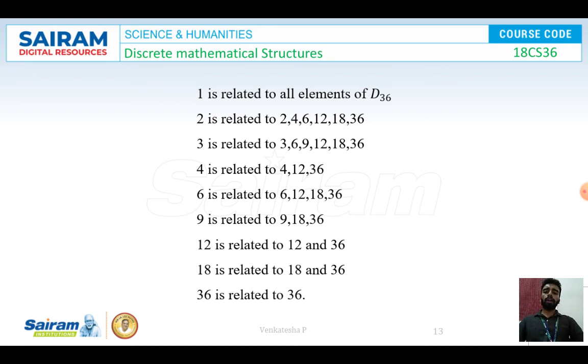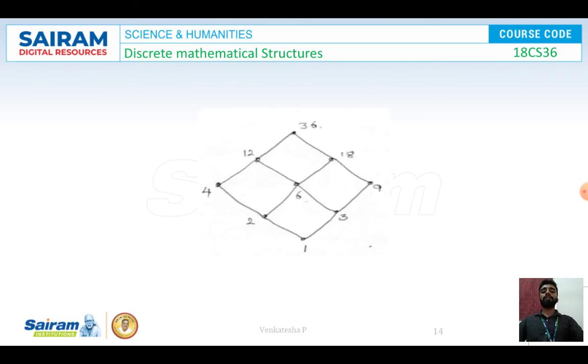So now for this relation I am going to plot the Hasse diagram. First plot all the vertices: 1, 2, 3, 4, 6, 9, 12, 18, 36. The first edges are 1 to 2 and 1 to 3. I can ignore (1, 4), (1, 9), (1, 6) because the (1, 2) and (1, 3) edges already exist.